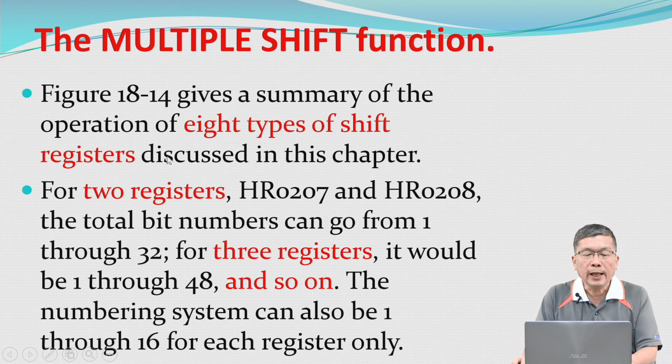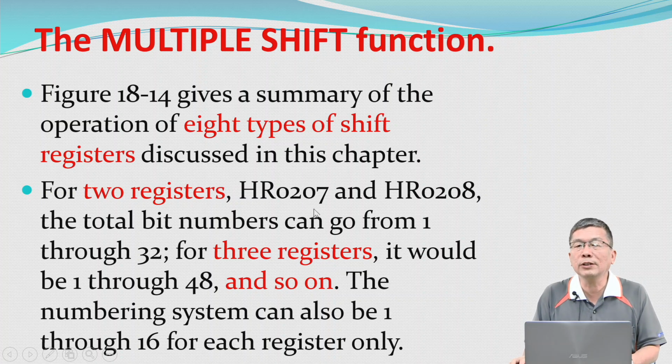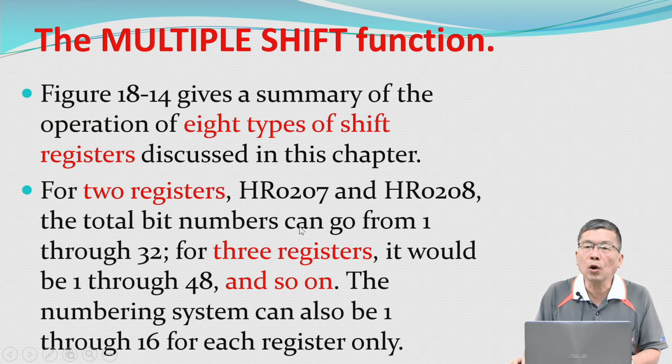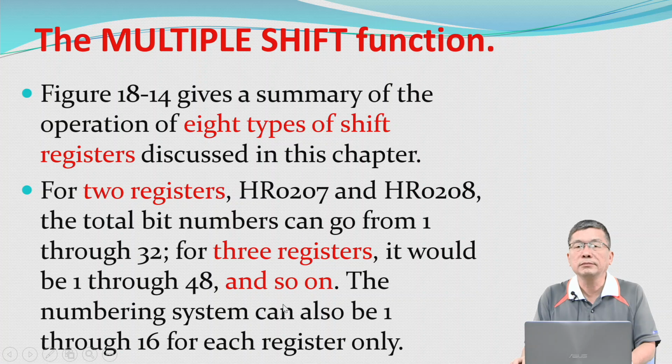Figure 18.14 gives a summary of the operation of the 8 types of shift register discussed in this chapter. For two registers, holding register 207 and holding register 208, the total bit numbers can go from 1 through 32. For 3 registers, it would be 1 through 48, and so on.